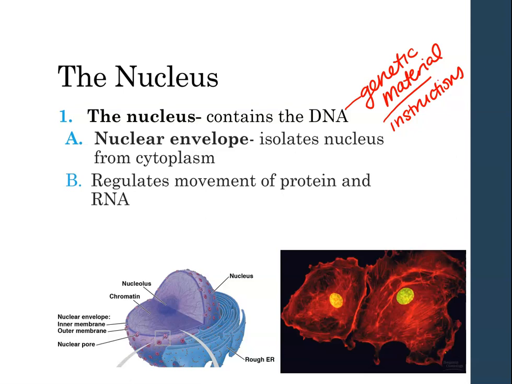The nucleus is surrounded by a nuclear envelope. This is a membrane that surrounds the nucleus and isolates it from everything else in the cell. Now, this is different from a prokaryote where we have a nucleoid, which is basically just a region where the DNA hangs out. It's not separated by a specific membrane.